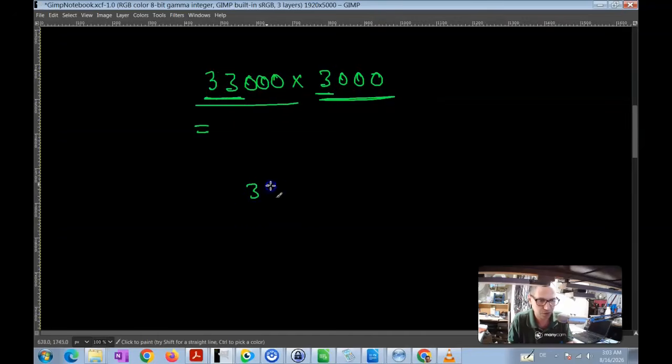Then you have a 33 and a 3, and multiply these together. 3 times 33 is 99, and then you have 6 zeros over here, 3 zeros over here, and 3 zeros over here, and that becomes your calculation, meaning that you don't have to go through long multiplication. You can do this even in your head, right?